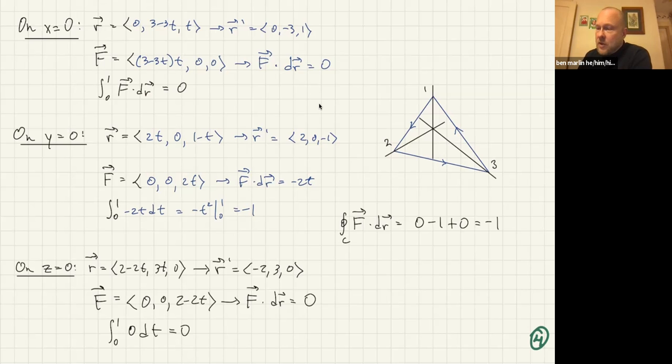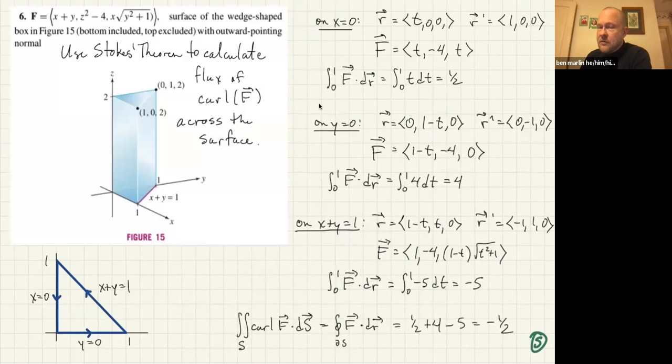And then we're going to try to look at something where you actually apply Stokes' theorem. So in this example here, the surface we've got is this box that has a triangle as a base, and then it has these sides going up here. And then across the top, it's got another triangle.